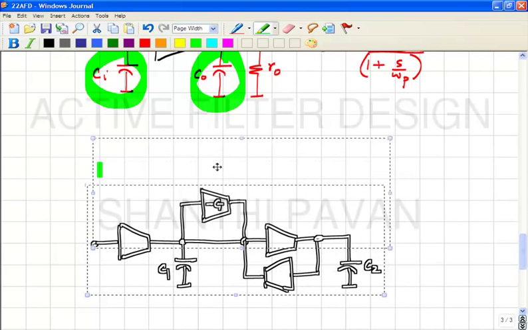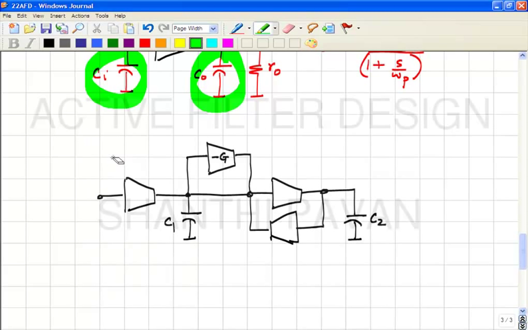If I had a biquad like this, every transconductor has parasitic capacitors like this.